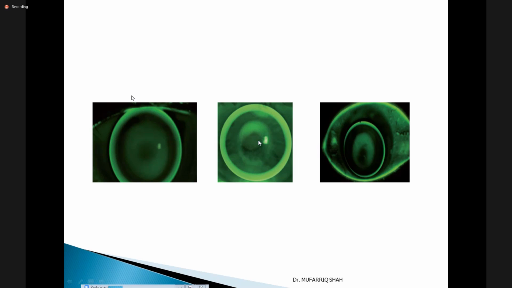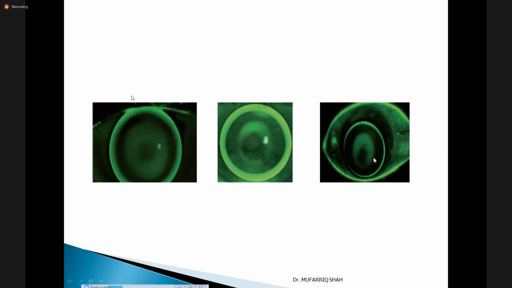Yes, sir. Here, sir, the edge is too steep. Yes. And the center is right. No, center is okay.